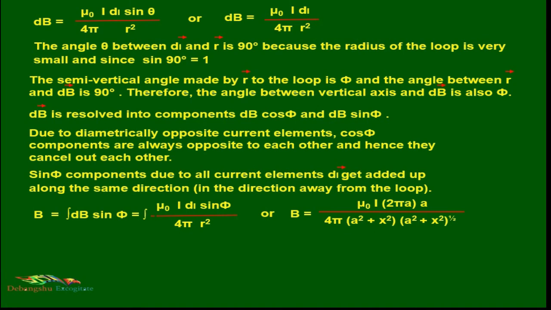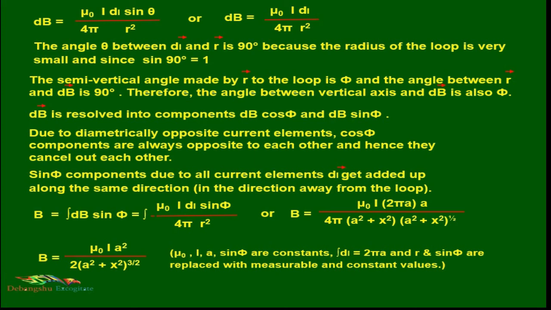So when you integrate over the entire loop, the integration of dl would be 2 pi a. So B is equal to mu naught I a square by 2 into a square plus x square to the power 3 by 2. So mu naught, I, a and sin phi are constants, integration of dl is equal to 2 pi a, and r and sin phi are replaced with measurable constant values.